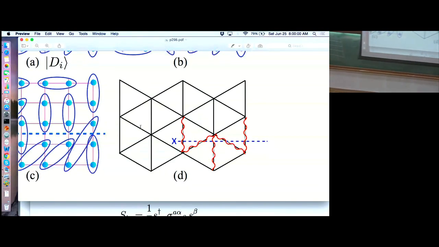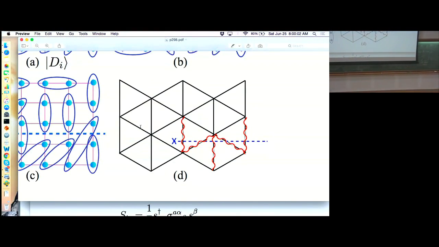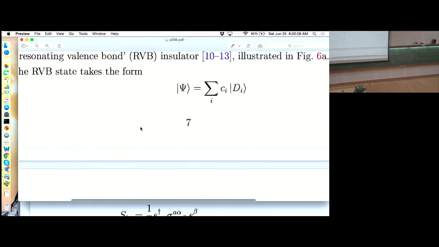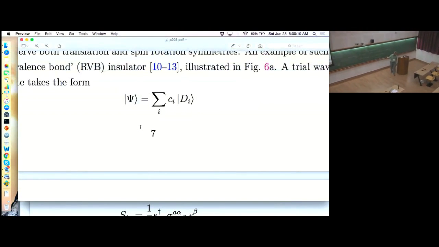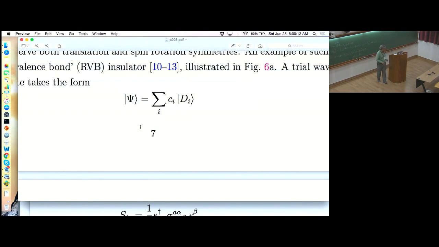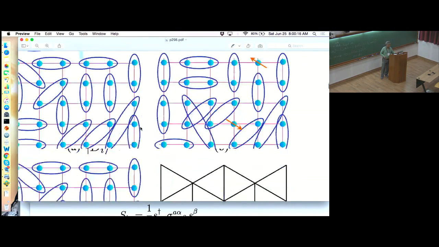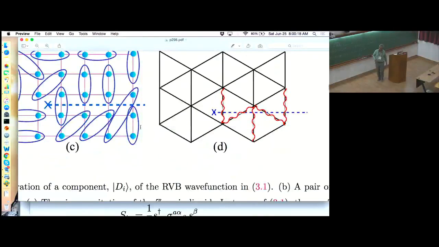So for every dimer configuration, I had some weight. Initially, my wave function was a sum over all dimers times some weight Ci. Now I want a wave function that's an excited state, which has this branch cut in it. What this means is that if there's a dimer on this bond, Ci goes to minus Ci.